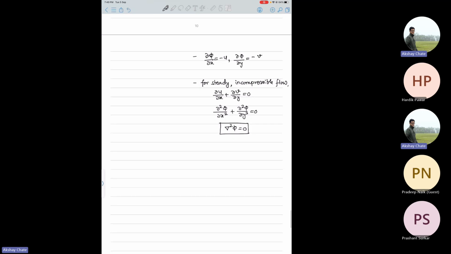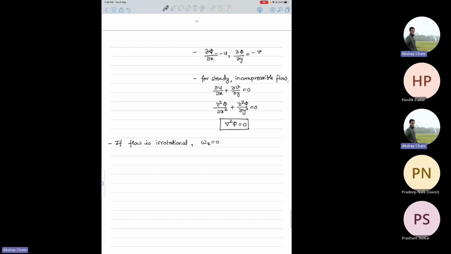Yeah. So if flow is irrotational, let's say wz is equal to 0. So this is your angular velocity about the z-axis. From the formula, this is del v by del x minus del u by del y.